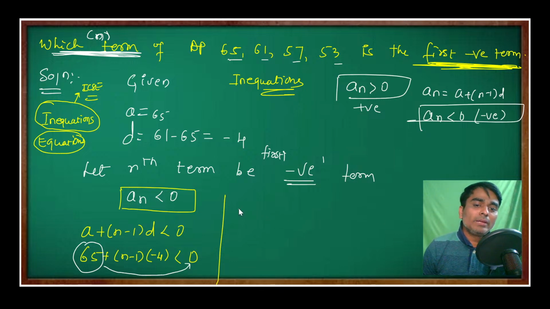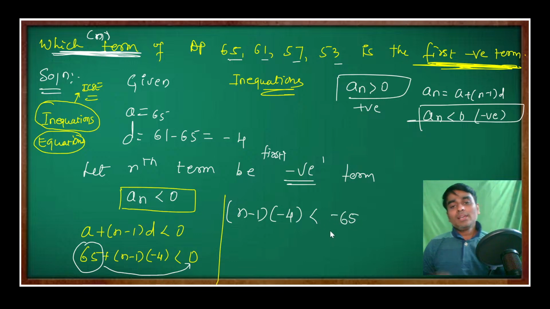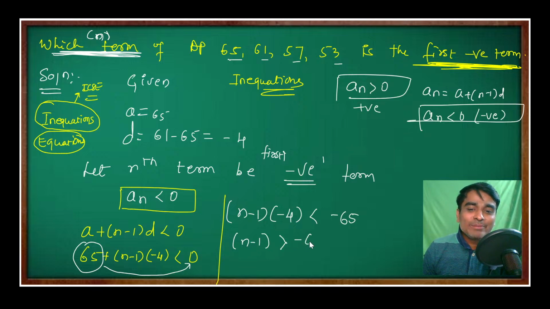So what will remain on the left side? (n minus 1) into minus 4 less than minus 65, as plus 65 goes from left to right as minus 65. Then now observe, n minus 1 greater than minus 65 divided by minus 4.